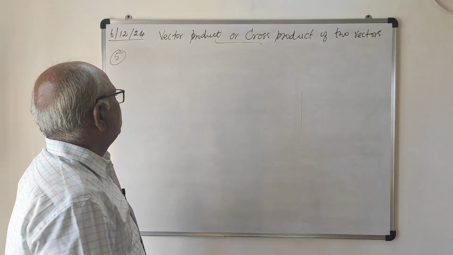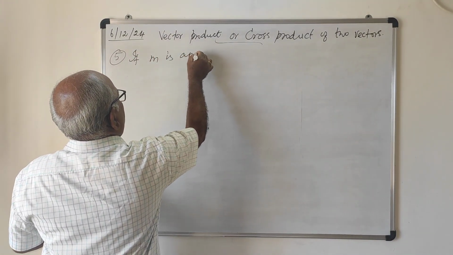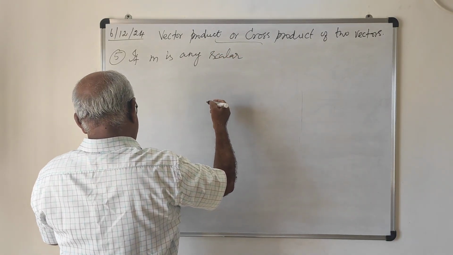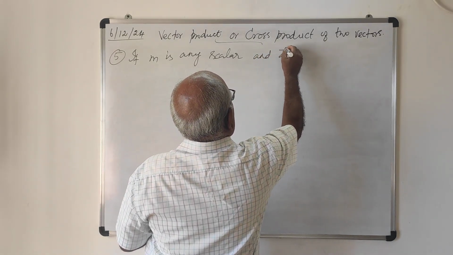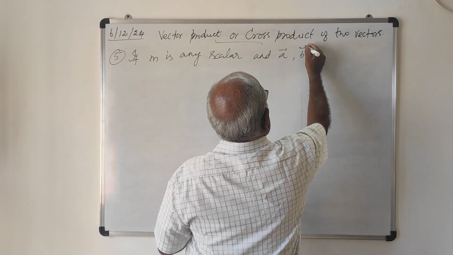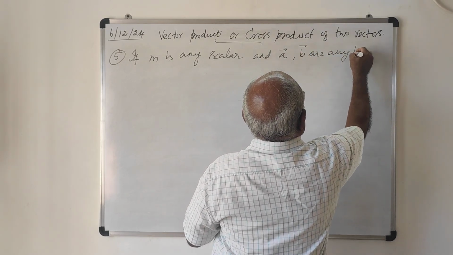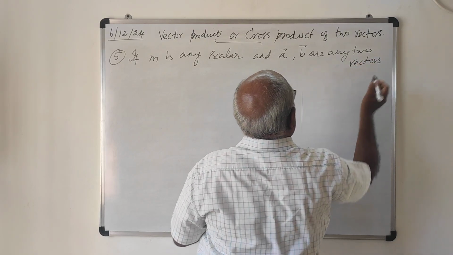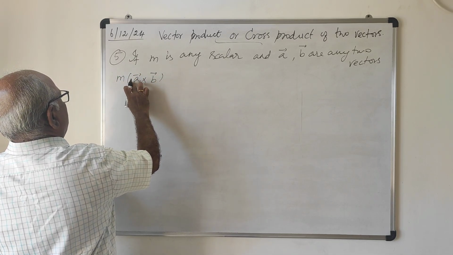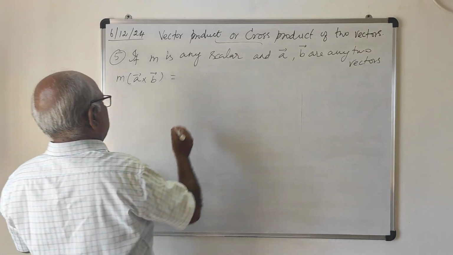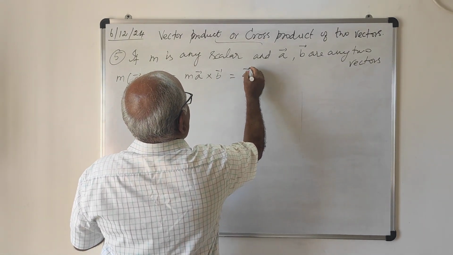Next, property number 5. If M is any scalar and A, B are any two vectors inclined at angle theta, then M into A cross B equals MA cross B or A cross MB.